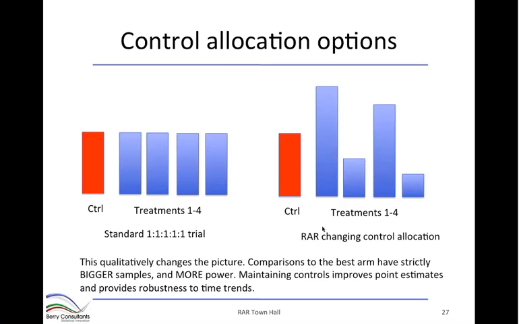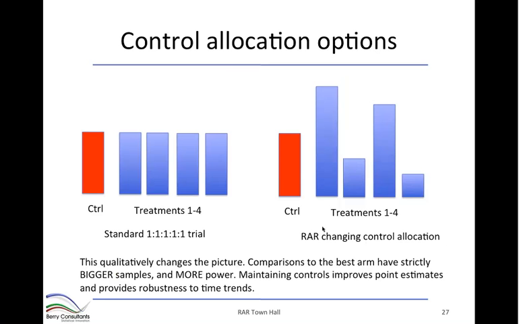You don't need to do that. If power is important to you, you can just maintain the control arm. In this case, this is a situation where you'll actually generate more power by doing RAR. You get more subjects on the best arm, and you've got an equal number of subjects on the control. Now again, if interest is centering on the second, third, fourth best arms, you might have more.